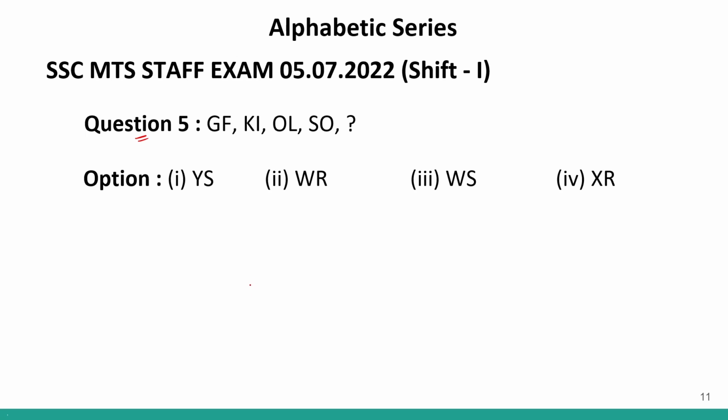Moving on to question number 5. Again, a certain series is given to us and we have to identify the one that is missing from the options. I am looking at the first alphabets. We have G, K, O and S. G position is 7, K is 11, this is 15, and this is 19.